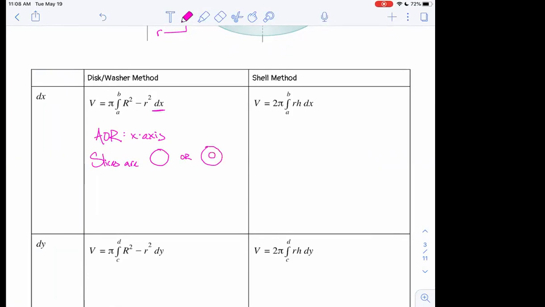So we have an axis of revolution that is the x-axis, the slices are either circles or circles with a hole in the middle, and these slices are perpendicular to the axis of revolution.